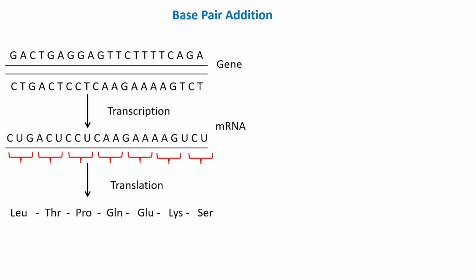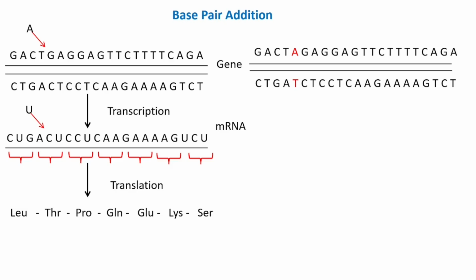In this case, the sequence of amino acids is leucine, threonine, proline, glutamine, glutamic acid, lysine and serine. If there is an addition of a nucleotide A in the 5th position, there would be a simultaneous addition of U in the mRNA. The mutated gene will be like this, with an additional base shown in red.